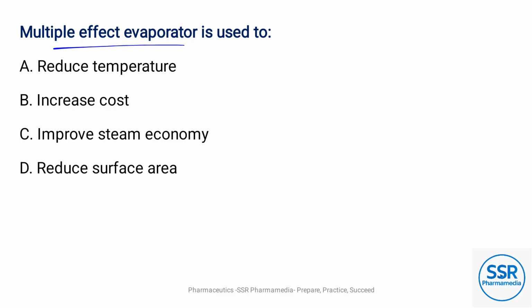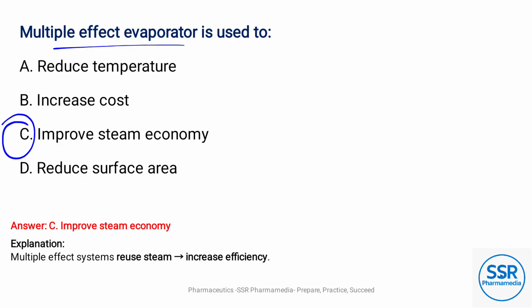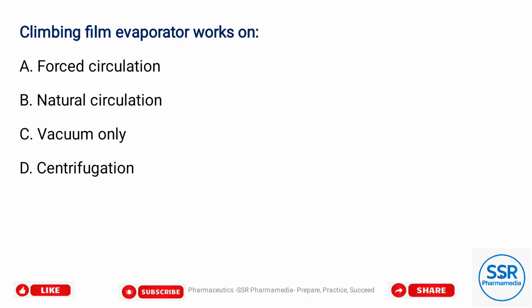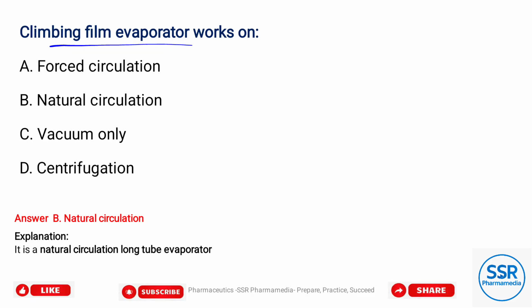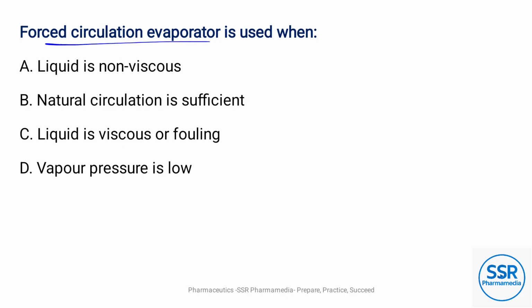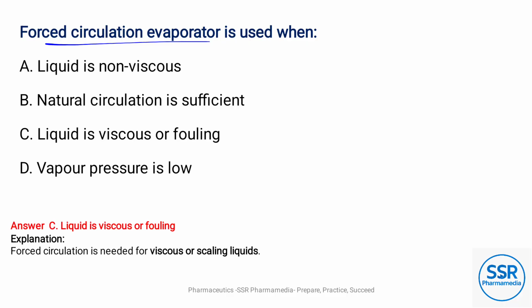Multiple effect evaporator is used to option C, improve steam economy. Climbing film evaporator works on option B, natural circulation. Forced circulation evaporator is used when option C, liquid is viscous.